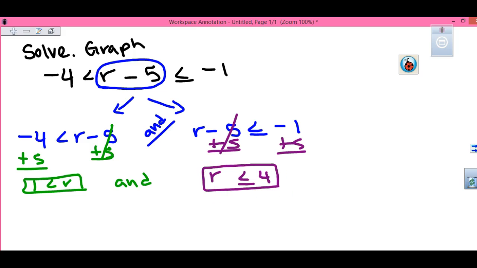Can we graph this? 1 and 4. So on 1, this is an open circle pointing towards the right. And on 4, it's a closed circle pointing towards the left. So they meet.